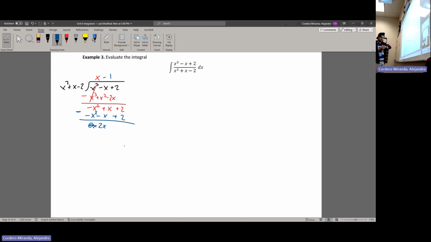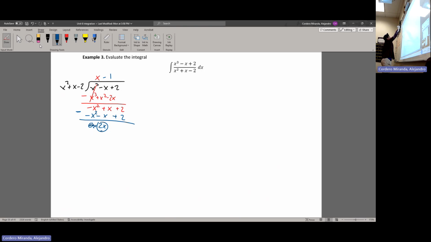All right. So then 2x is how this simplifies. The fraction divides to make x minus 1 with a remainder of 2x, because I can't multiply x squared by anything to make 2x. This is my remainder here in blue that I'm circling.